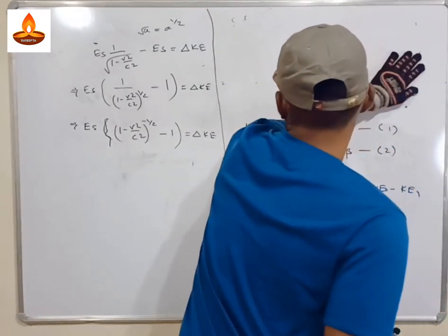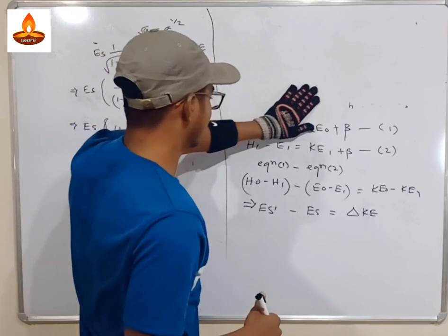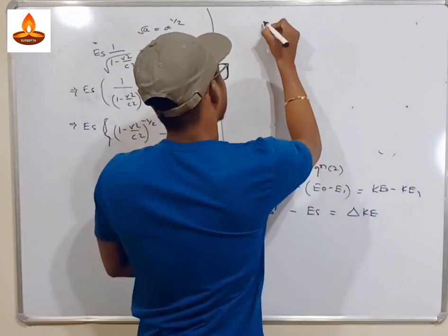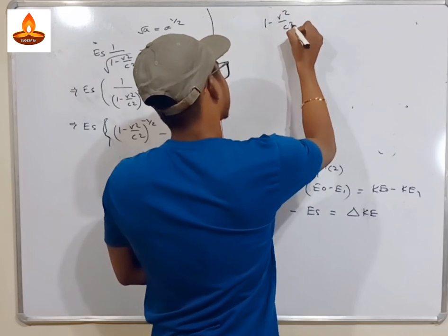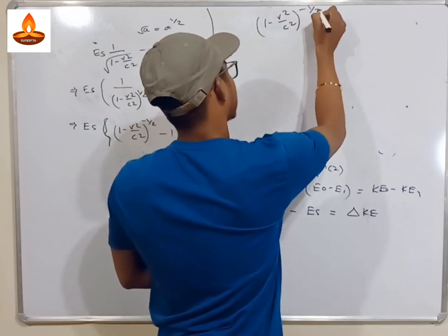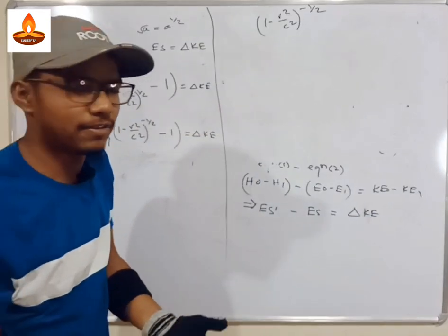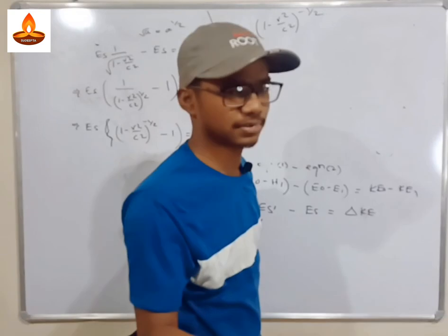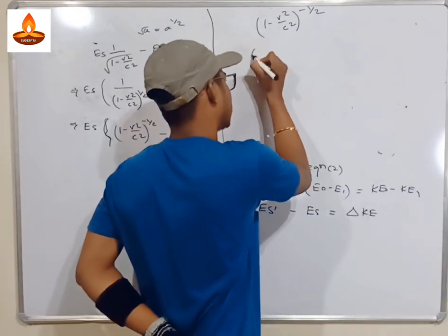So this is 1 minus b square upon c square to the power minus 1 upon 2. You ask, what will be the application of this? Just see the simple things. What is the formula for this? I just want to tell you.